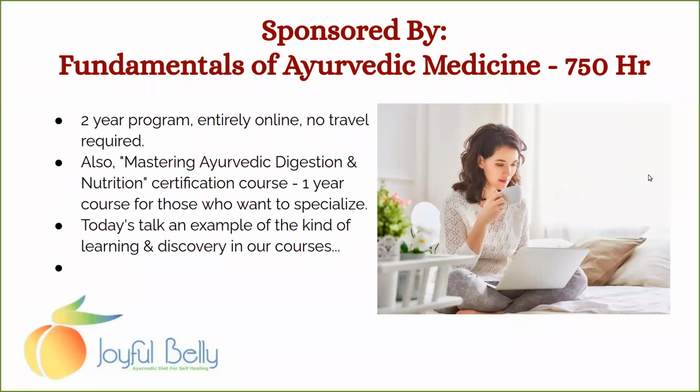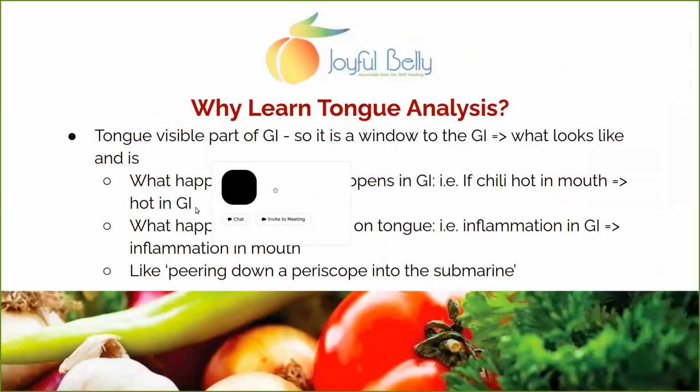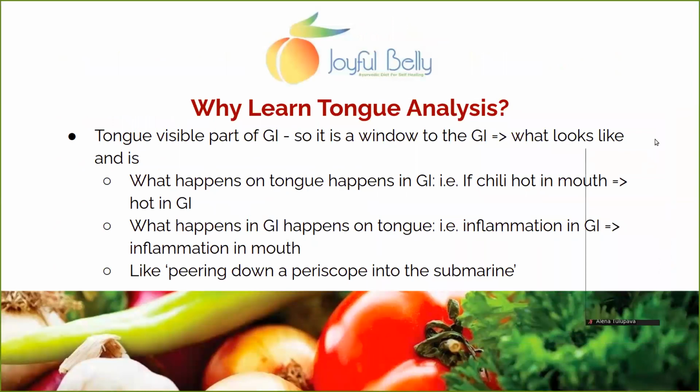And so tongue is one of the most important tools, and we'll jump into some of the aspects of tongue. The tongue, as I mentioned earlier, is a visible part of the digestive tract, so it's a window into the digestive tract. What happens on the tongue is happening in the GI tract.